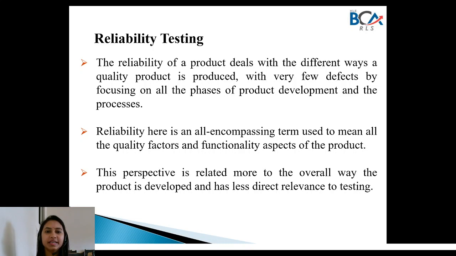Next is reliability testing. Reliability testing is done to evaluate the product's ability to perform its required functions under stated conditions for a specified period of time or for a large number of iterations. Product reliability is achieved by focusing on activities like a defined engineering process, review of work products, change management procedures, review of test coverage, and ongoing monitoring of the product.